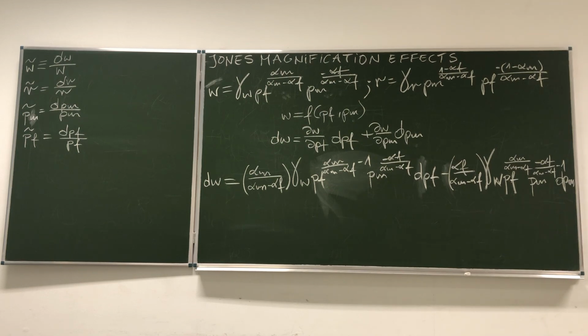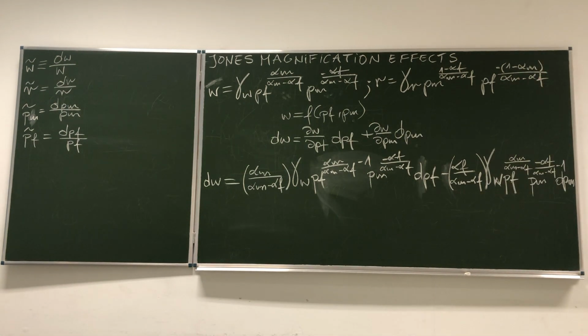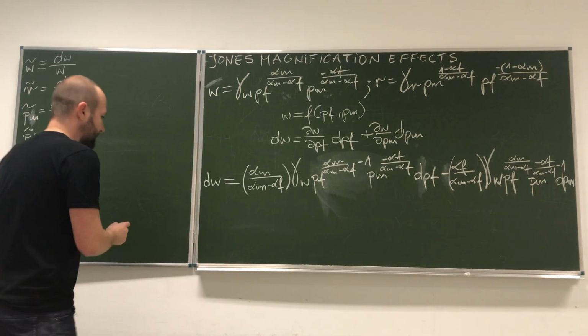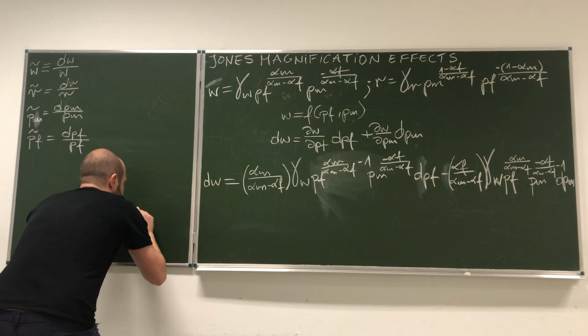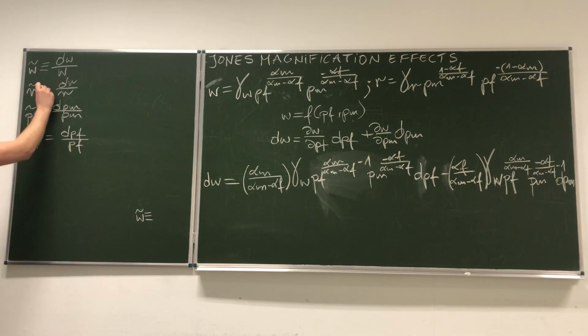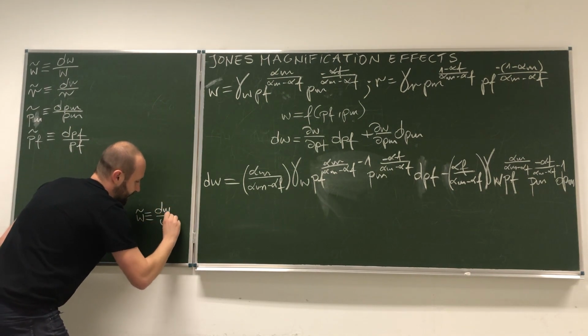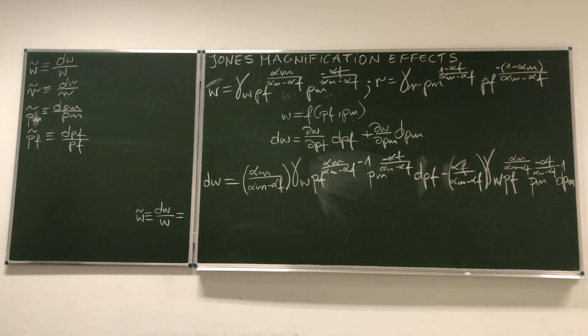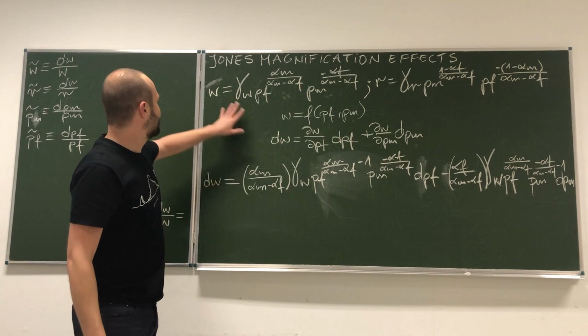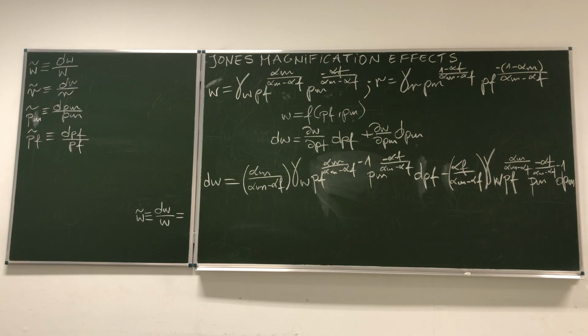In the next step, we are actually able to calculate the relative change. How will we do it? Well, this is quite easy. As I said, all we need to do is to divide both sides of this equation by w. So, over here, we get that the relative change in wage, defined as dw over w, is equal to. And look, because we are dividing by w, we can just simply divide both of these components separately, right?